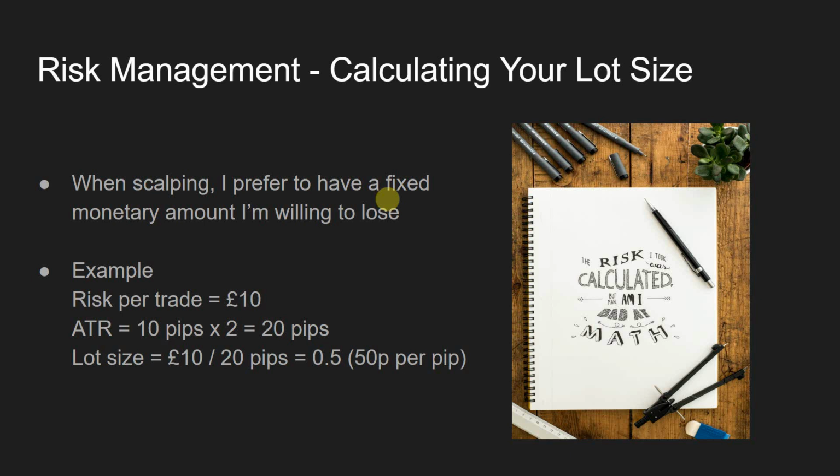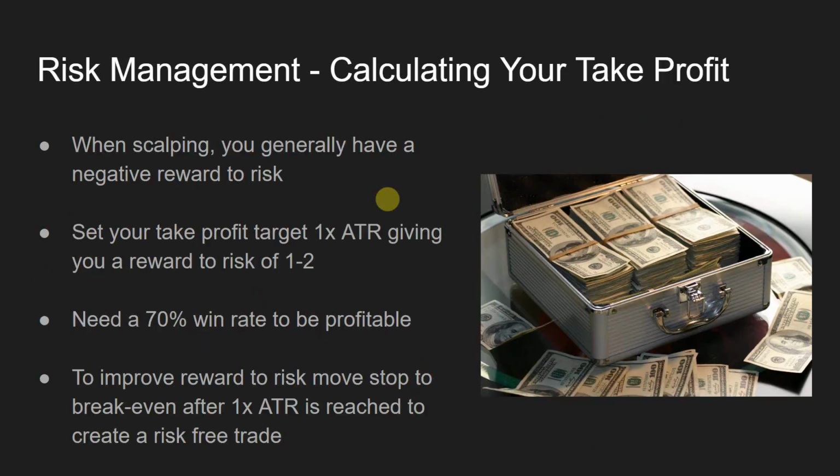So we've done our stop loss, we know what our lot size is, so we've put the trade on. Now what we're trying to do is calculate where my take profit target should be. Traditionally, when you scalp, you're generally going to have a negative reward to risk. It's very difficult to extract a few pips out of the market and have a positive reward to risk.